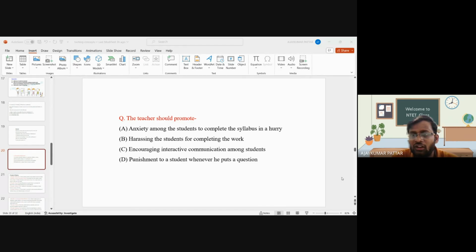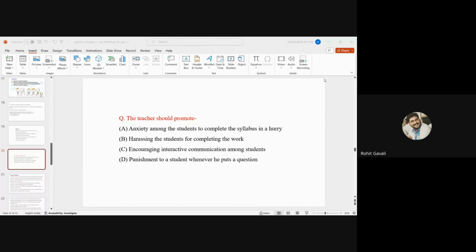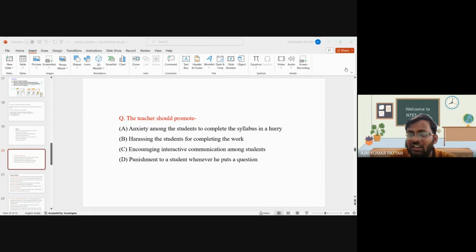All of you are able to see the polls? So I'm trying to import this activity, but we will do it in a later class.